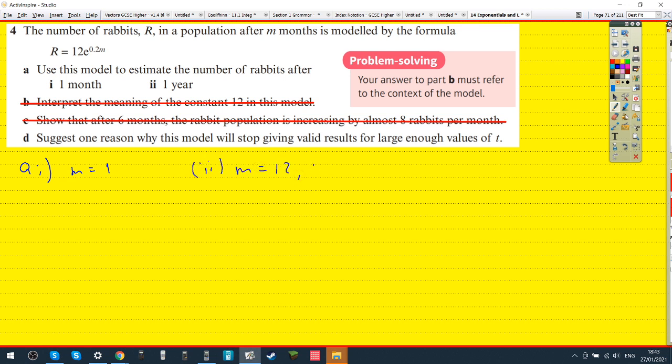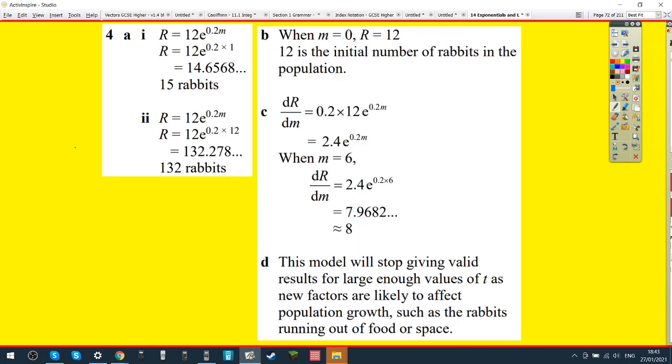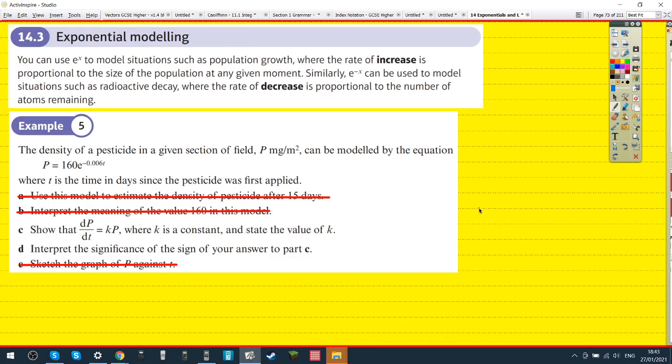It's not accurate when it comes to too large values, and other factors may affect the number of rabbits. Yeah. Factors such as resources like food, space, that type of thing. Okay. This model will stop giving valid results for large enough values of t, as new factors are likely to affect population growth, such as the rabbits run out of food or space. Oh, there you go. Let's see this one. Okay, any idea how you do question C?